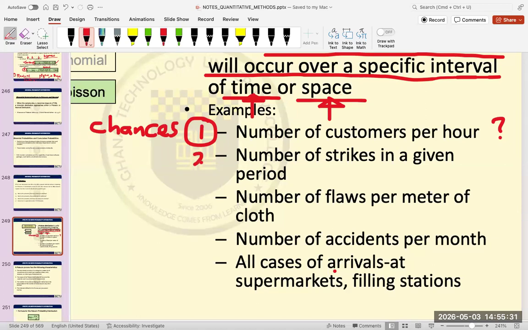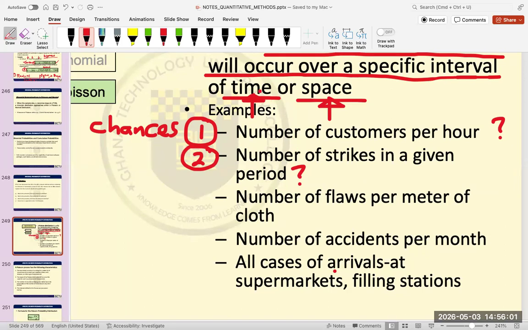2, as an employer, how do you know the number of strikes your workers will go on in a given period? You will not know. As a government, how will you know the number of strikes the public servants will undertake within a given period? You don't know.